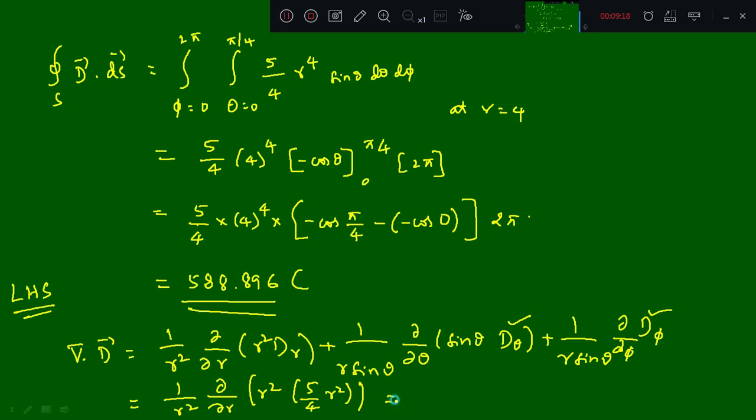If you solve this, we are going to get 5r. Only 5r is going to remain. Those calculations, the differentiations and all, you can do.